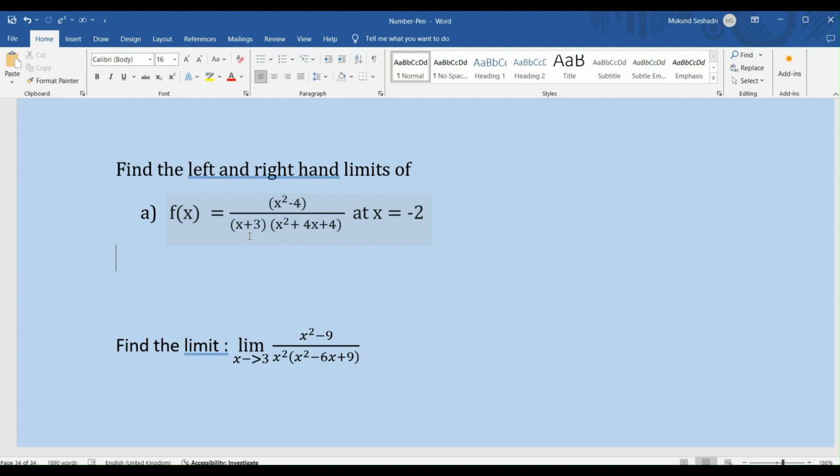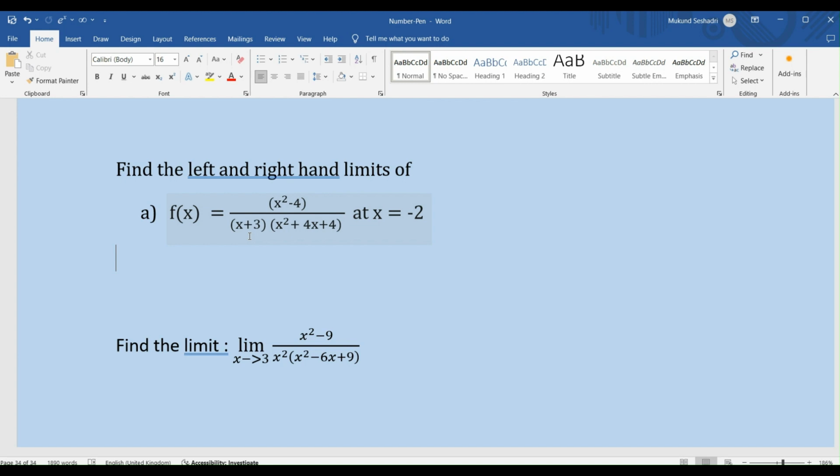And the right hand limit is a value which is greater than minus 2, which is minus 2 plus h. And in both the cases, h being infinitesimally small, and h tending to 0, right? So we've been asked to find both the limits.